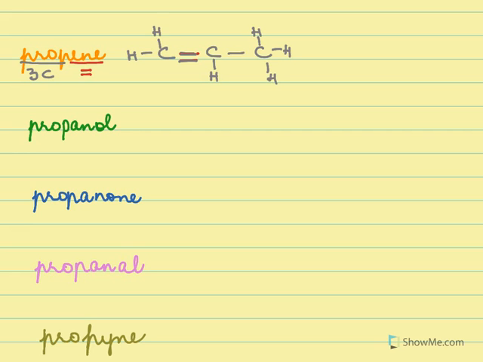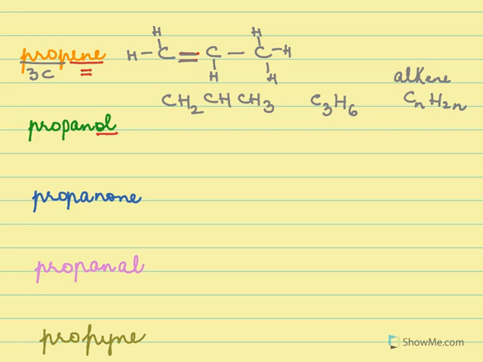So this will be my propene. So it will be CH2, CH, CH3 will be propene. I can also write it as C3H6. And if you can recollect, alkenes had a general formula CnH2n.